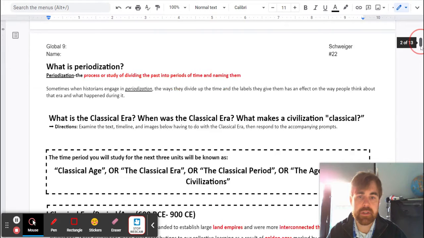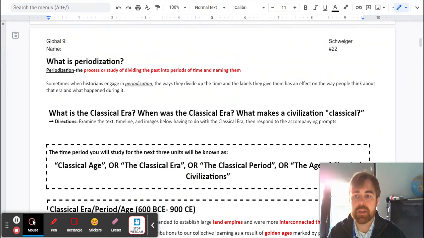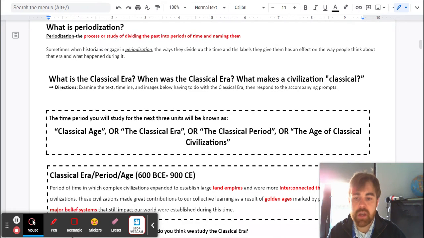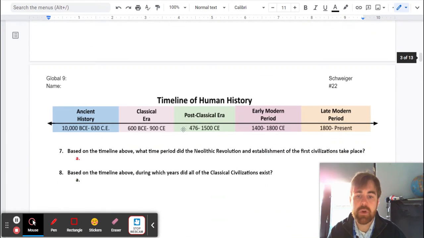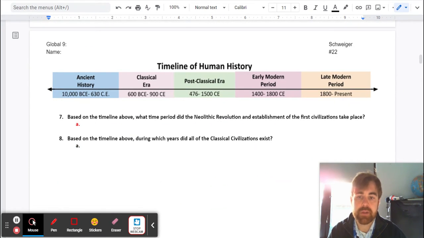But it's really modeling this concept of periodization, which is the process of dividing the past into different time periods. Because global history has so much information, we try to break up the timeline of human history into smaller eras. In our class, we're going to have five eras that you're going to cover between 9th and 10th grade.